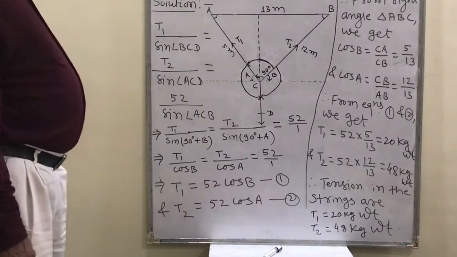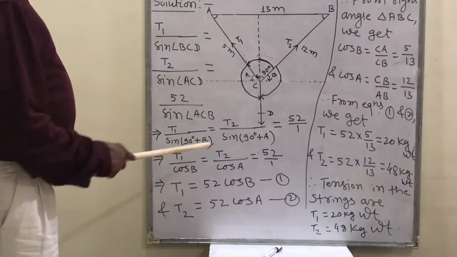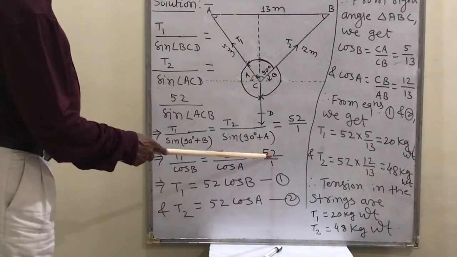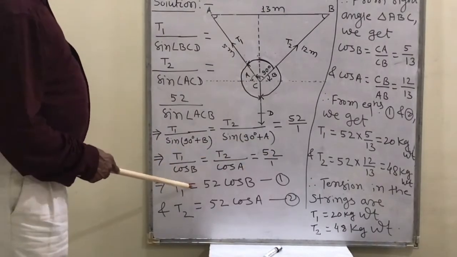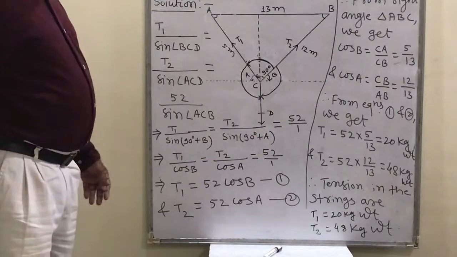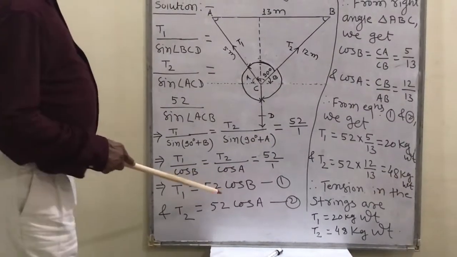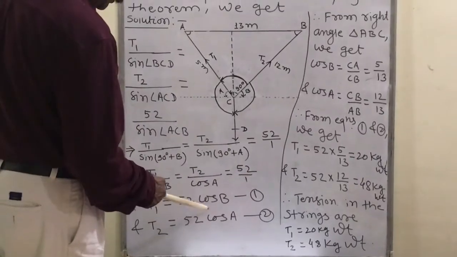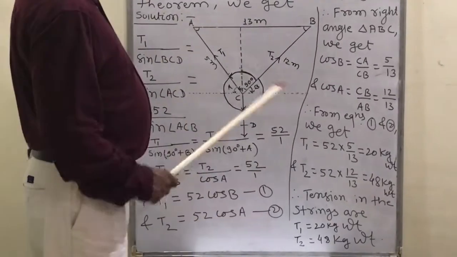Because sine 0 is 0 and sine 90 is 1. So of these three ratios, if you consider first and last, then T1 is equal to 52 cos B. And when we consider second and third ratio, T2 is equal to 52 cos A.